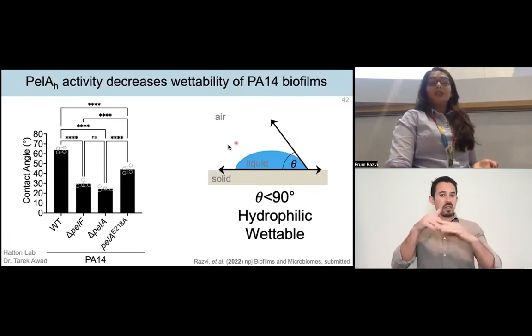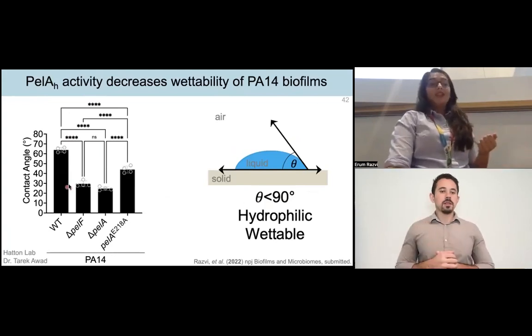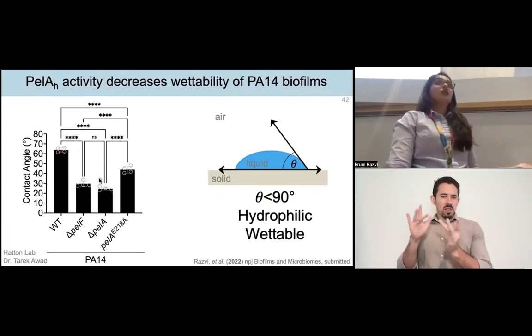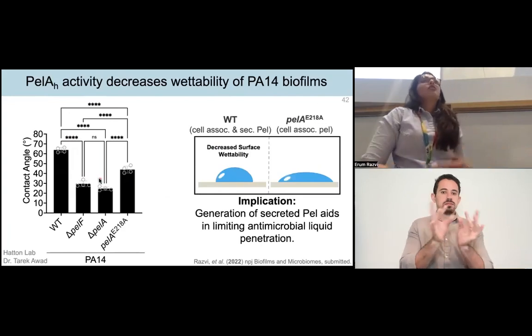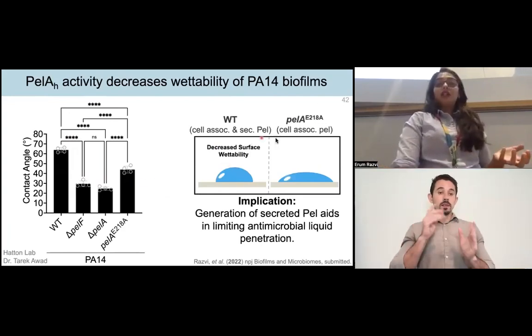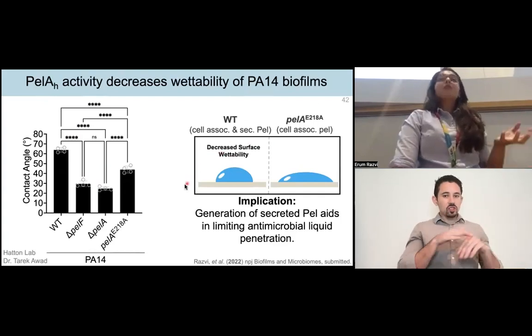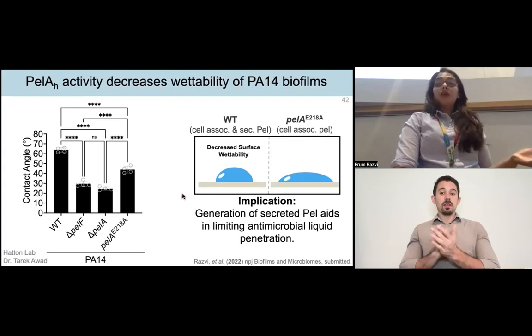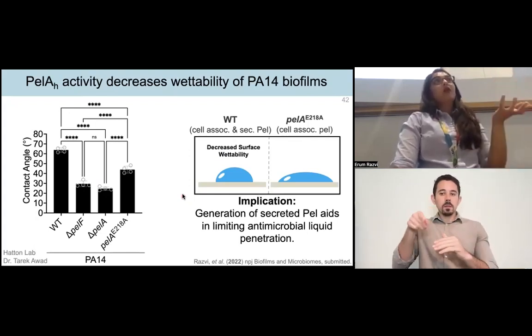So this means the surfaces were all hydrophilic or wettable. However, all of the mutants had significantly lower contact angles than the wild type, so they were more hydrophilic. So this reveals that the wild type, relative to the hydrolase mutant strain, has decreased surface wettability. This implies that the generation of secreted Pel could aid in limiting the penetration of antimicrobial liquids.